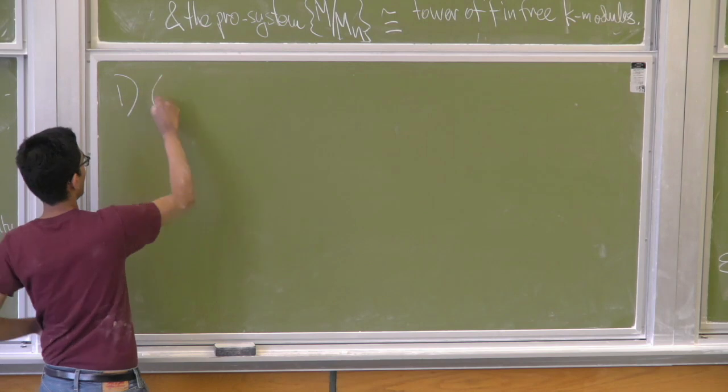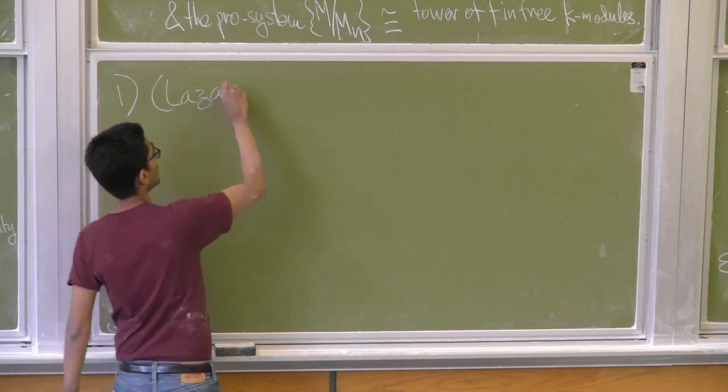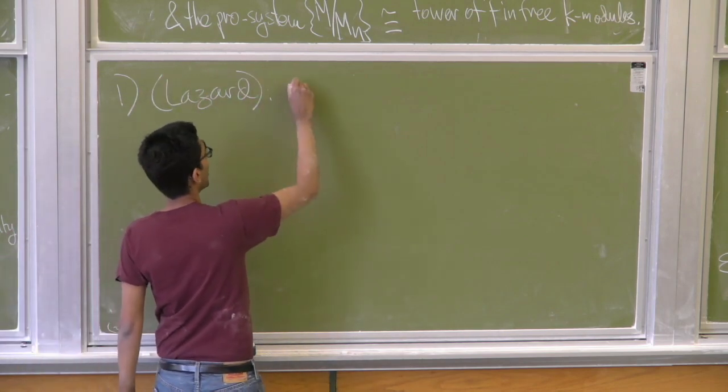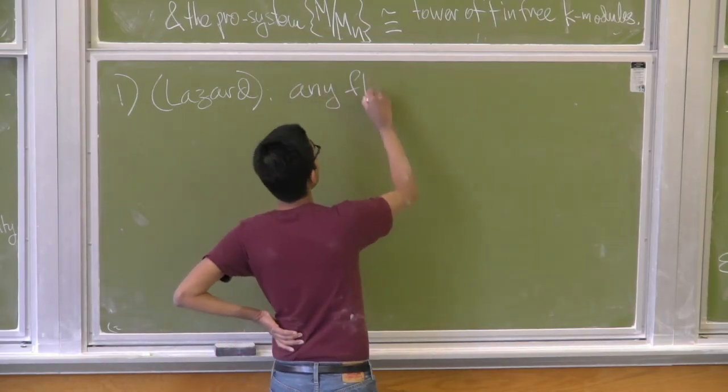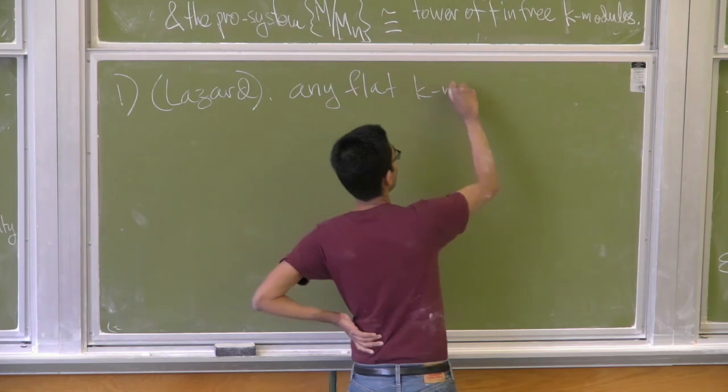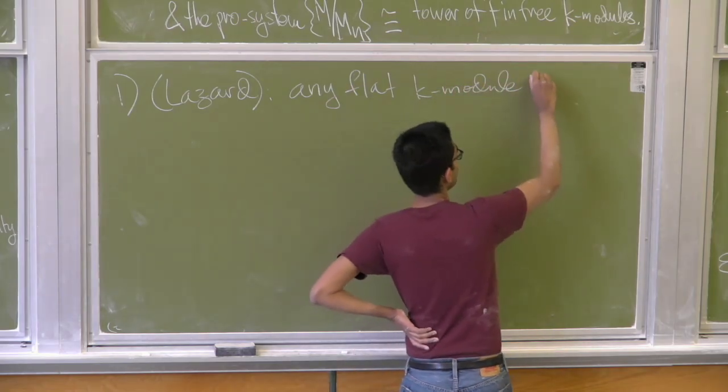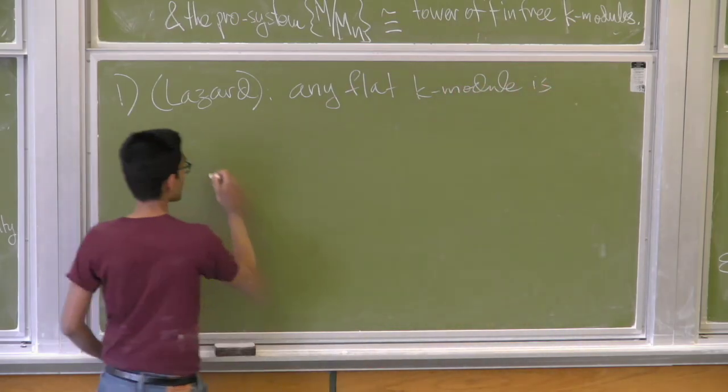So first of all, there's a theorem of Lazard. Any flat module is a filtered colimit of finite free modules.